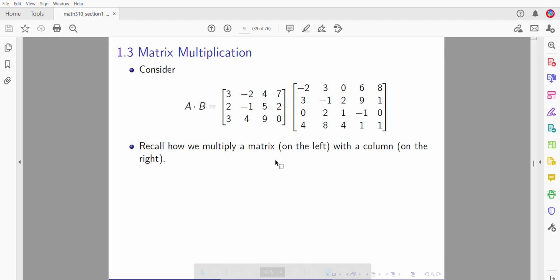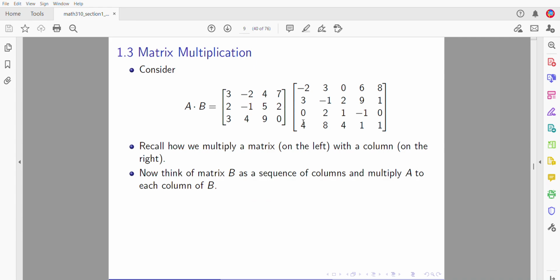Remember, we know how to multiply a matrix on the left and a column on the right, only one column. So, why not think of this matrix B as a sequence of columns? You have 5 columns. I can multiply A to each one separately.